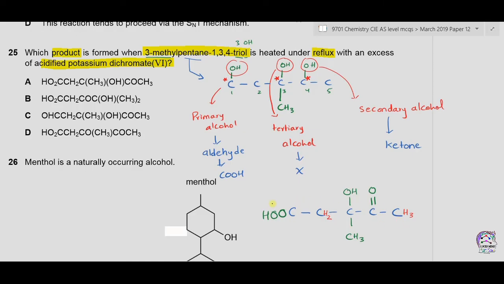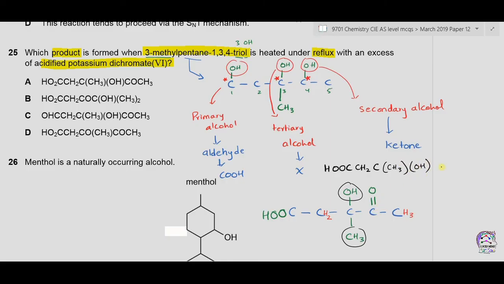Let's write the formula of this product as given in part A, B, C and D. So we have HOOC, then we have CH2, then we have carbon atom. As OH and CH3 both are attached with this carbon atom, so we'll write them in brackets. One will be CH3, the other will be OH.